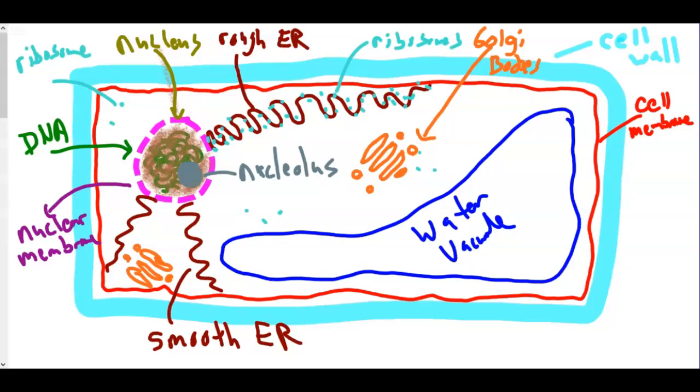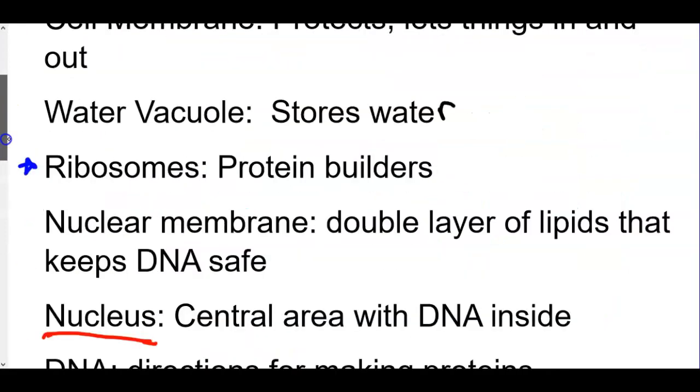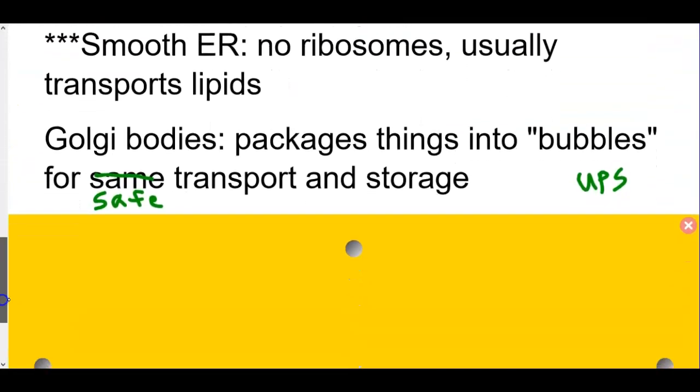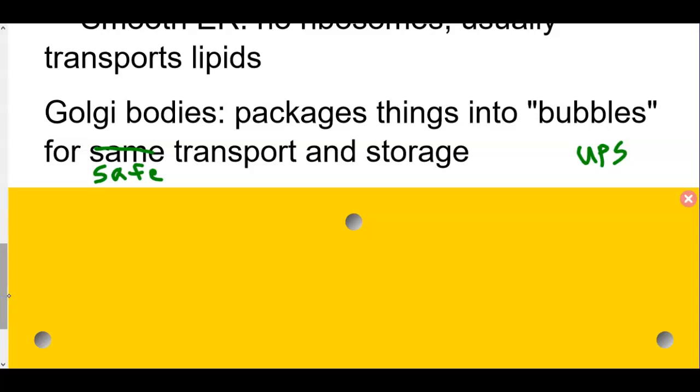All right, so that is what the Golgi bodies do. Okay, so they package things into safe little bubbles for transport and storage. Maybe it's something we don't need right away. Okay, but it can stay safe in that little bubble until it is needed.